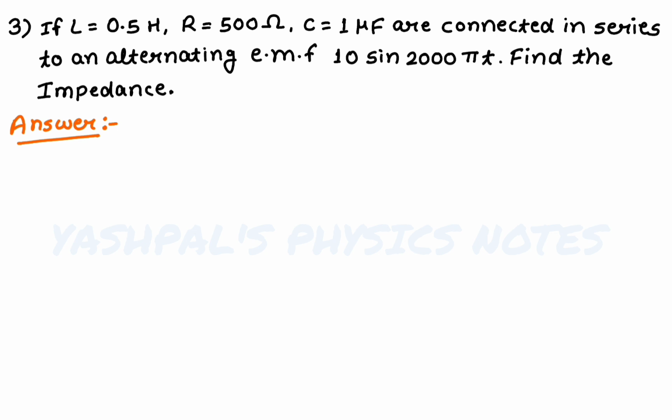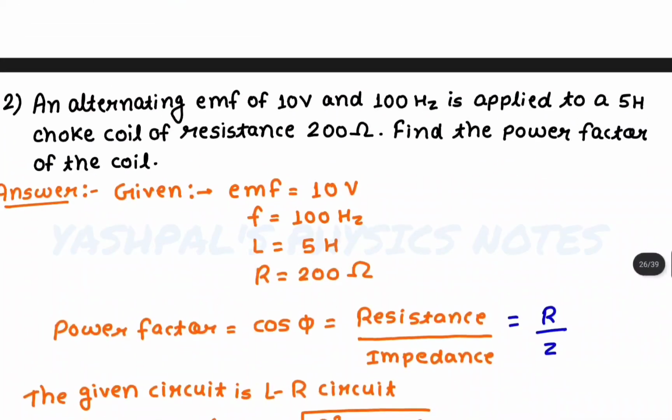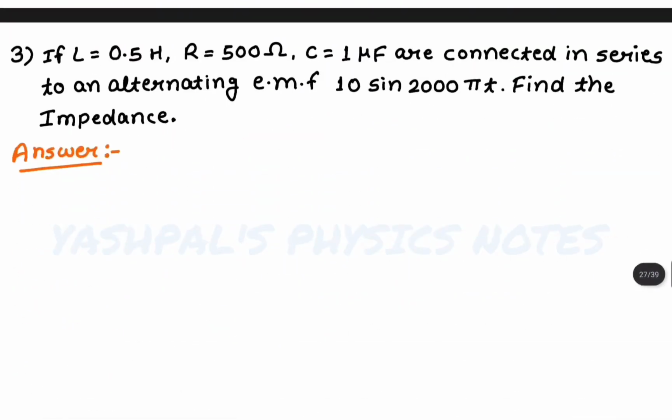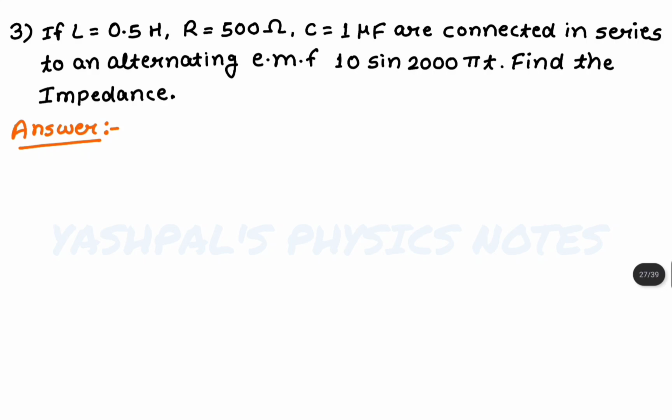Find the impedance. Here we are also asked to find the impedance, but remember that the formula of impedance will be different compared to the previous question we solved, because in the previous question we were given only an LR circuit. Here in question number 3 we are given an LCR circuit.